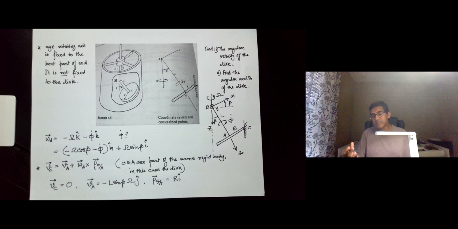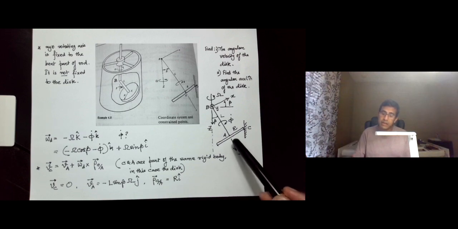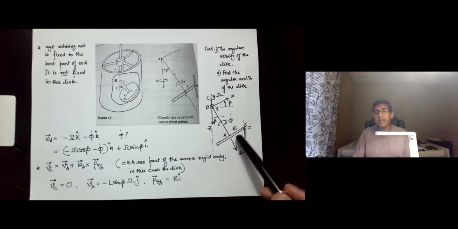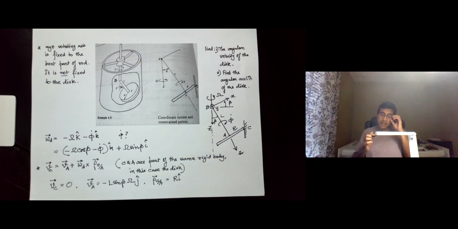So we took this as our triad, because this is given in the problem, and in the first attempt, the rotating frame was fixed to the disc. So we have made a distinction between the rotating frame and the triad.